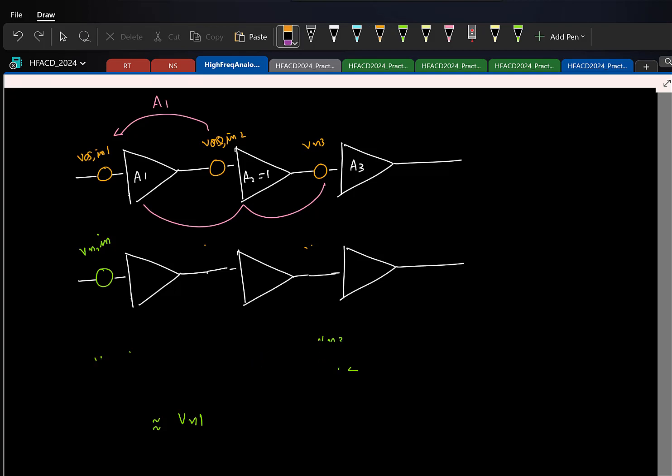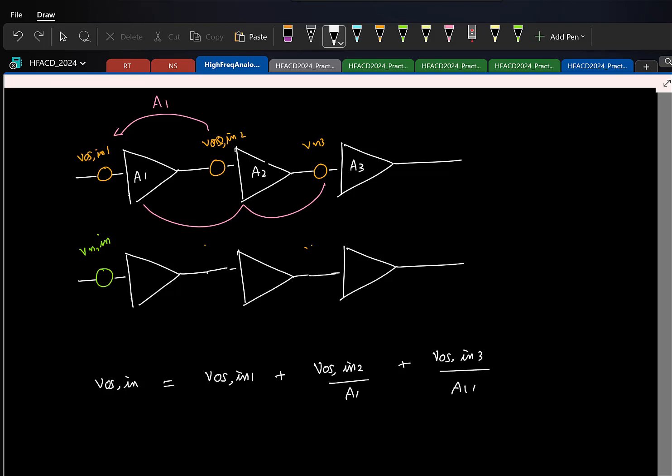So if you find the overall input referred offset, if you write it exactly, it's going to be the input referred offset of the first stage plus the input referred offset of the second stage divided by the gain, plus the input referred offset of the third stage divided by 2 gains. So if you find the sigma square of this, you can approximate it as sigma square VOS. Right?